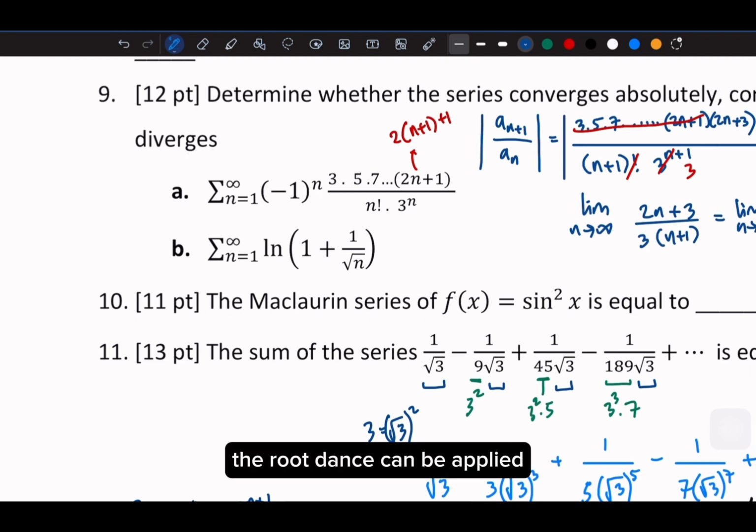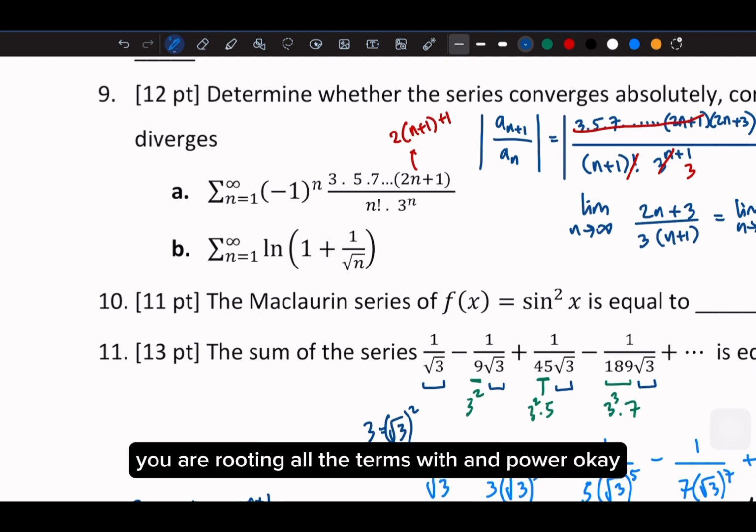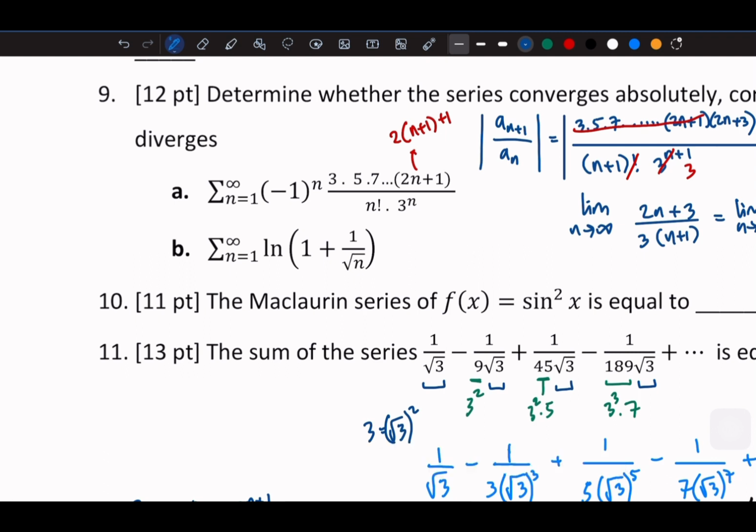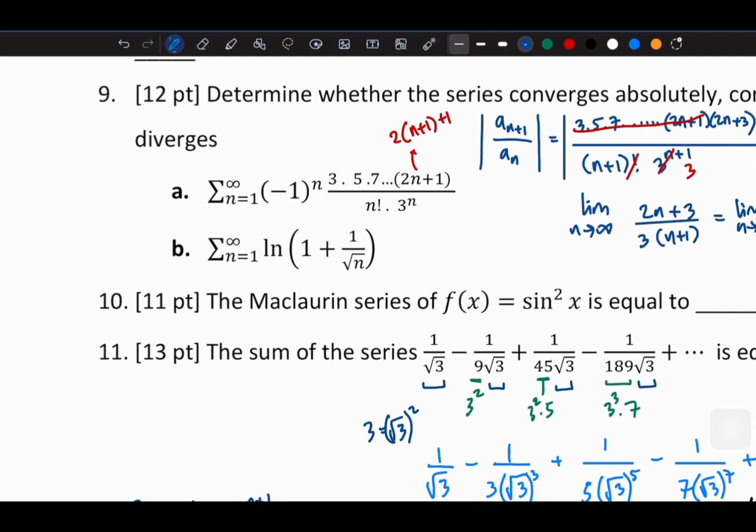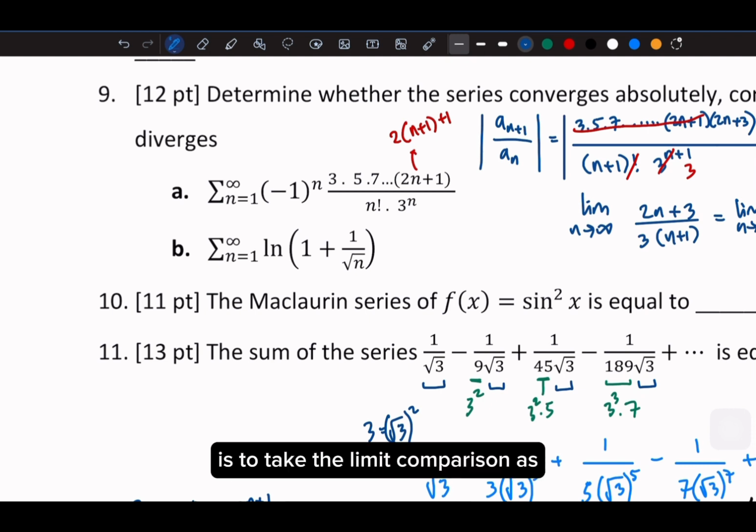The root test can be applied if you see any power that is quite big, which usually is power of n. So the root test is actually you are rooting all the terms with n power. So my suggestion for this one is to take the limit comparison test.